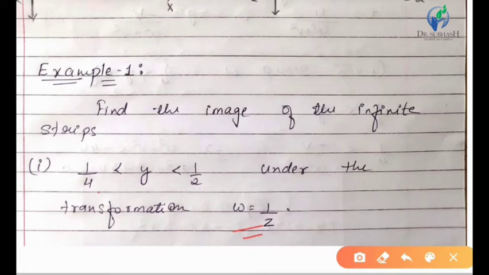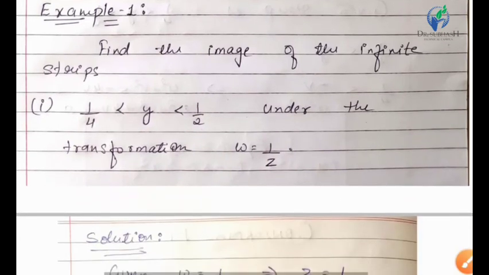Here we are given an infinite strip 1/4 less than y less than 1/2. This will be in z plane. Using this transformation w equal to 1/z, we have to find its image in w plane. Now we will see how to solve it.